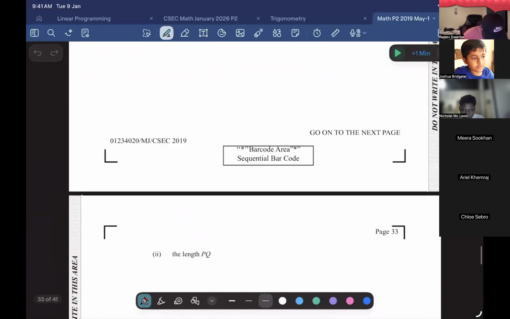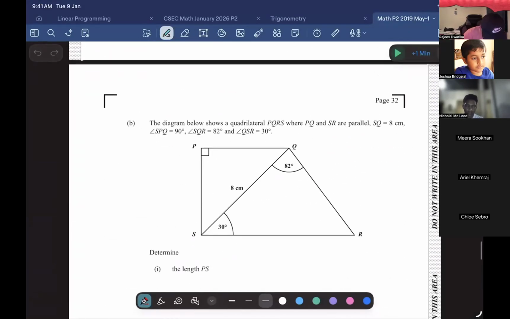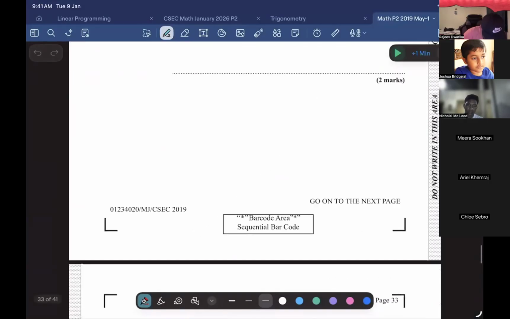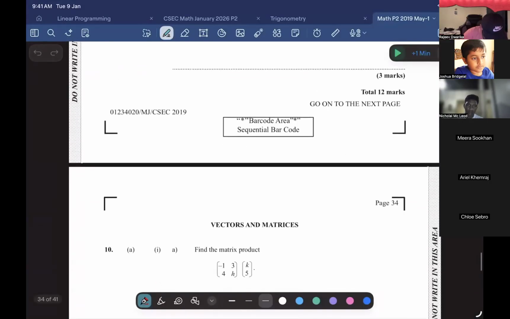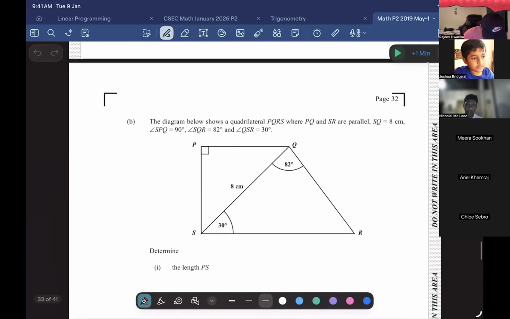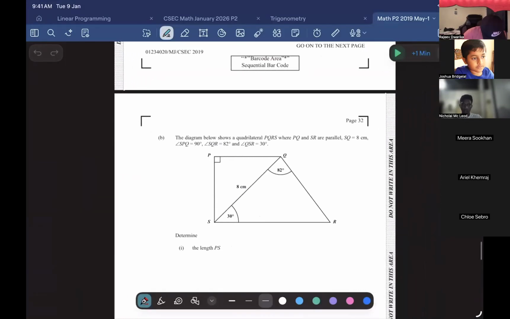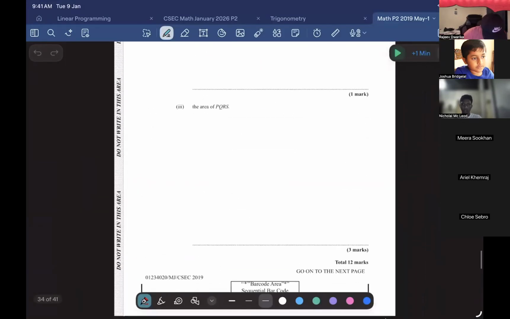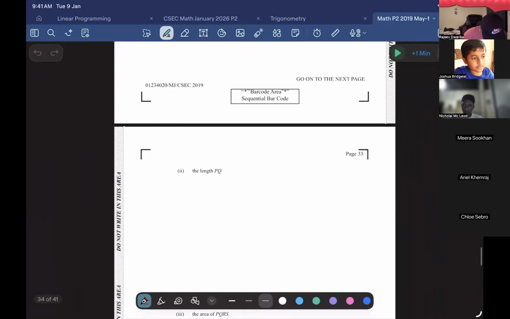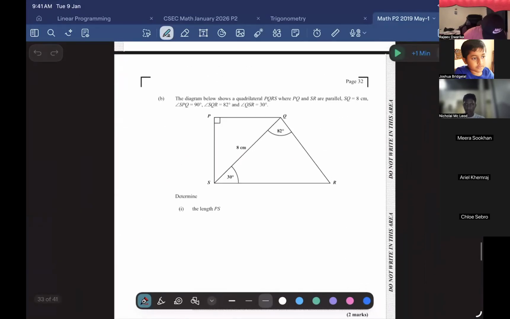The length PS, the length PQ, and the area of PQRS. That can be it for the question. Area of PQRS.